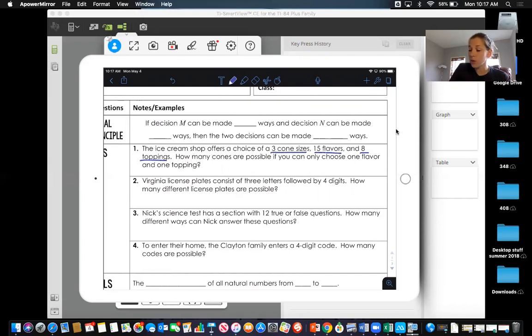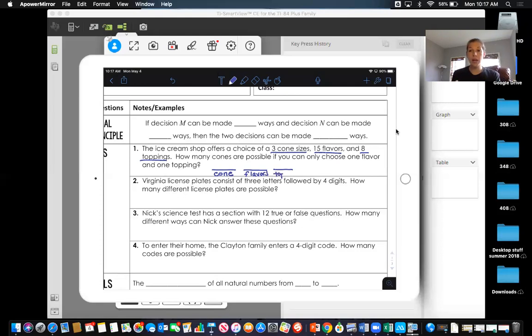We would create a slot for our cone, because that was one of our categories. We would create another slot, this is called your slot method, for all of your flavors. And then we would create a third slot for our third category, our toppings.